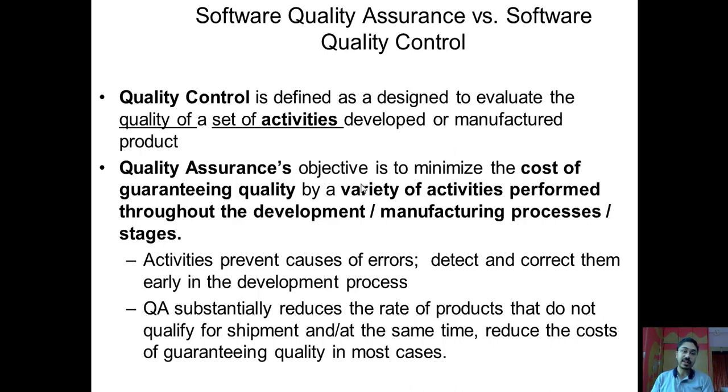Whereas in the case of quality assurance, the objective is to minimize the cost of guaranteeing quality by a variety of activities performed throughout the development or manufacturing processes. So here we are trying to assure that the outcome will be of good quality. Our objective is that the maximum number of students should clear the exam and most of the students should get placed.